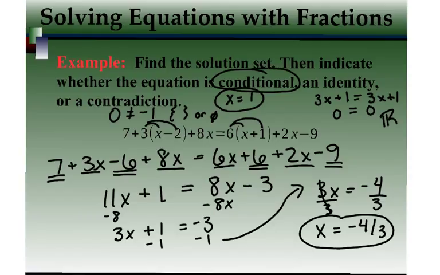And our solution set for this, how we would write it is just in set notation here, write the number that we end up with, x equals negative 4/3. And that's it. So there's our solution set right here. And then it's a conditional equation. Let's try another one.